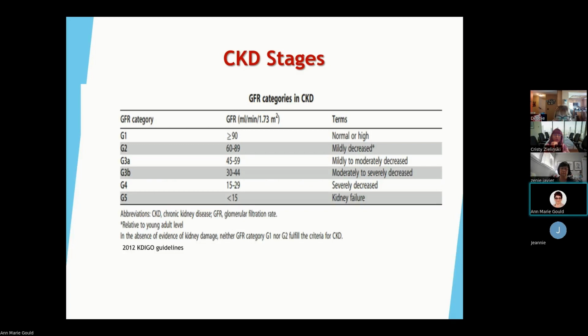So instead of dinging the providers because they gave them the best practice, right? They went through best practices to treat them, and they're not being compliant with their medication or their treatment regimens. So that's where a lot of education needs to come into play.